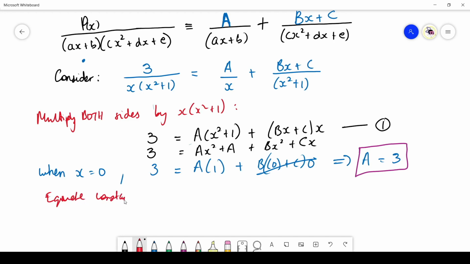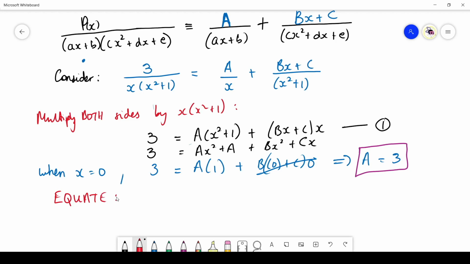If we equate constants on the left of this equation here, you can already see we have 3, but then on the right, the only constant present is A. But we already got a value for A. So essentially equating constants does not help us, right? So when you're wondering what you have to essentially equate, it takes a bit of effort. You need to look through your question and see what's the best things you can actually equate, such that you can generate more solutions for your answers. So in this case, equating constants is not going to help.